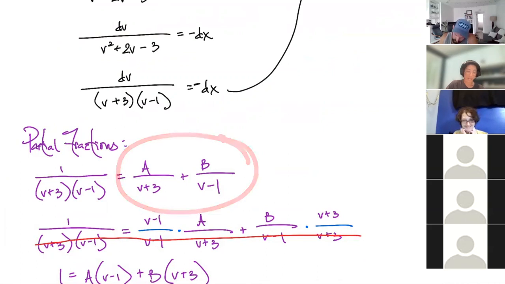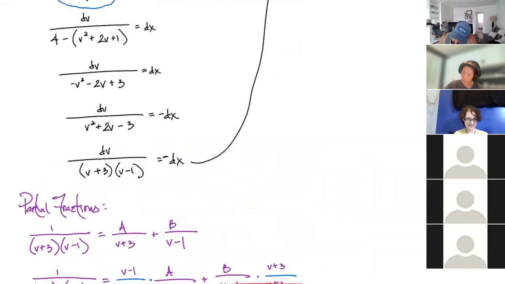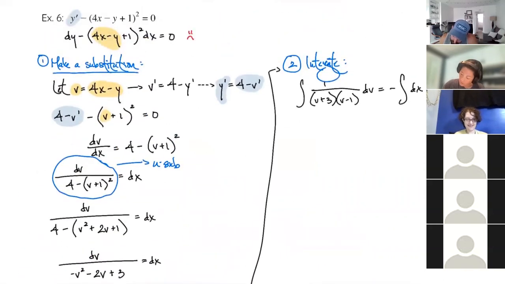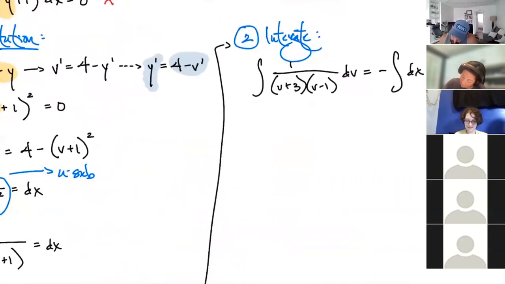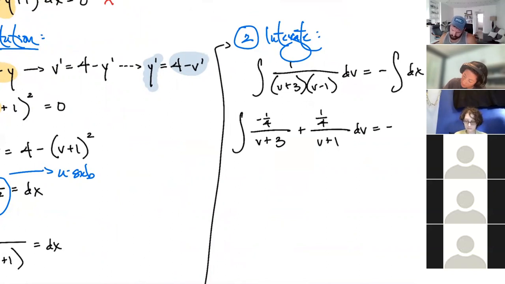We plug in A as the value we found, negative 1/4, and B as the other value, positive 1/4. That gives us the integral of negative 1/4 over v plus 3 plus 1/4 over v minus 1 dv, which equals negative integral of dx.